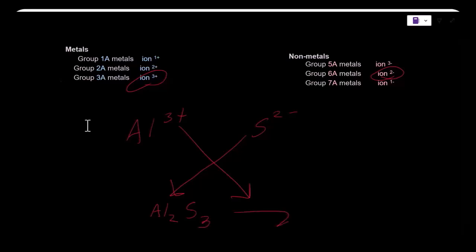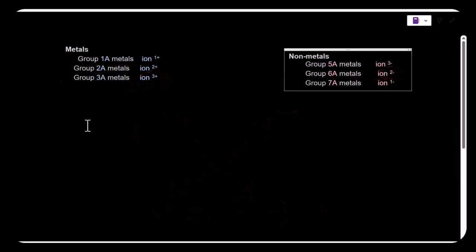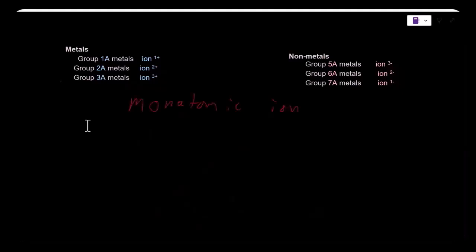And this would then give us aluminum sulfide. And these are what is called monoatomic. When there are ions of more than one atom, it's called polyatomic. Poly meaning more than one, mono meaning one.